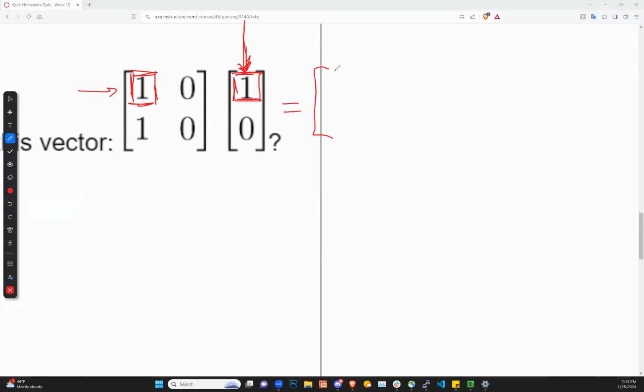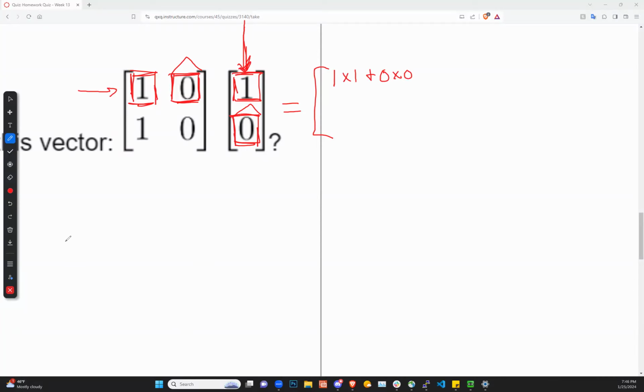So I do 1 times 1. And then I add that to this number here times this number here. And I'll turn it into a house so we know what's matched with what. So this 0 corresponds to this 0. So plus 0 times 0. Now that's the top component.